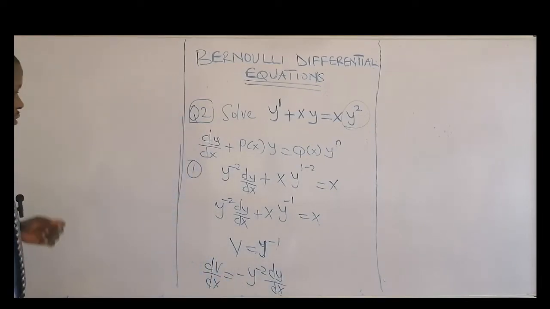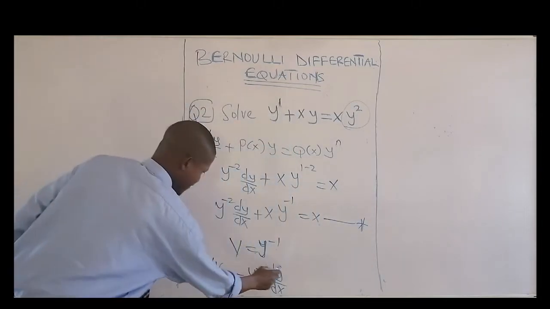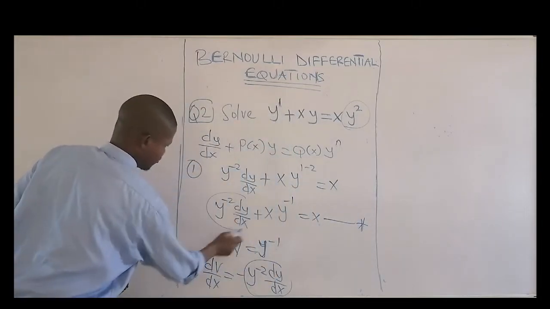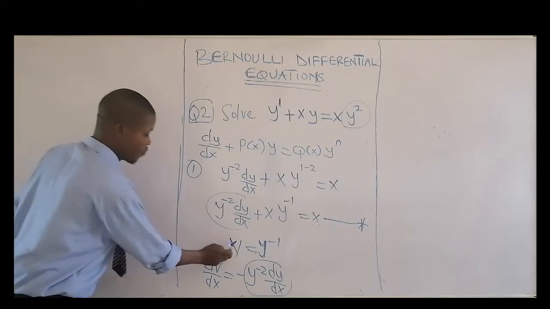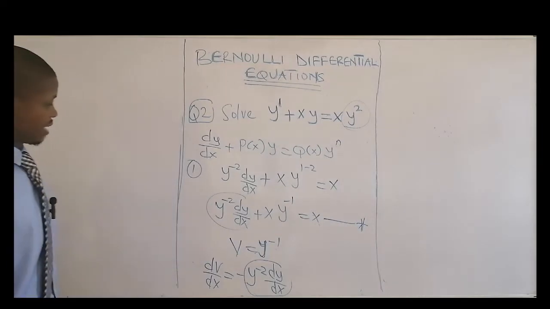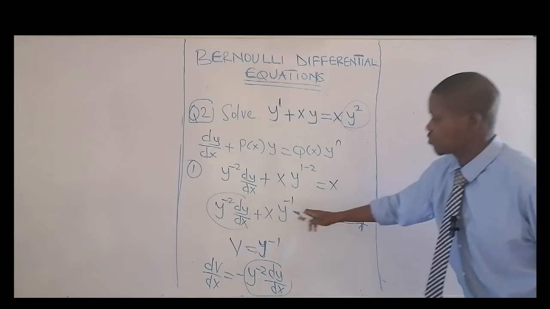So we have done that now. You can see that what we have here is also here, so we can substitute and the variable will change to be in the form of v.